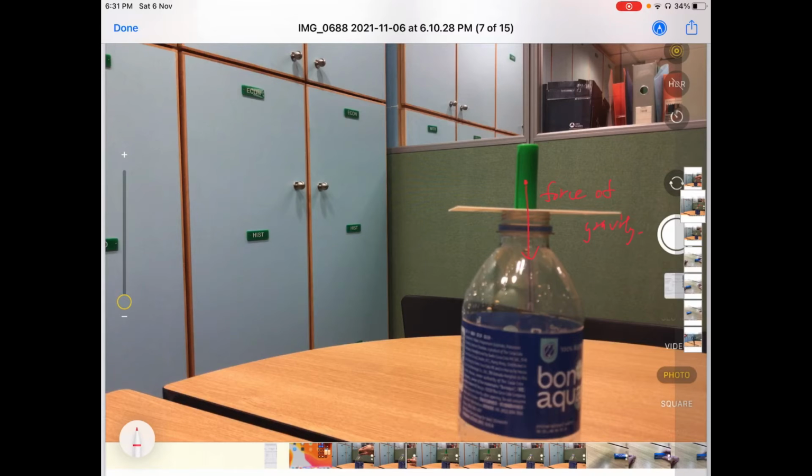Oh, and what should this force point to? This supporting force, upward, downward, to the right-hand side or left-hand side? It should give it upward force to support this object.